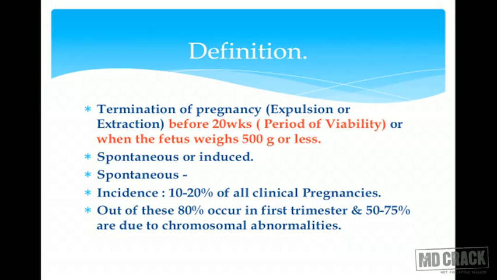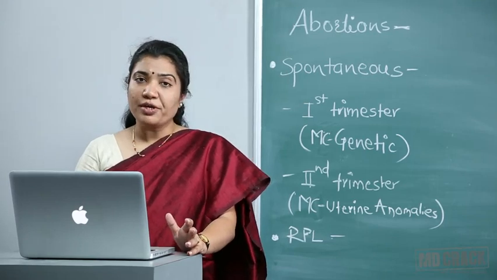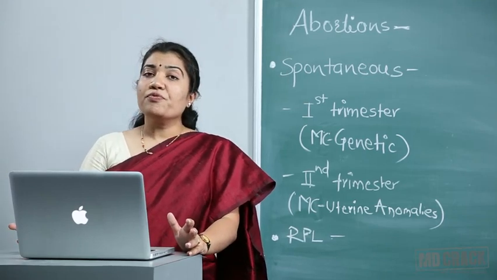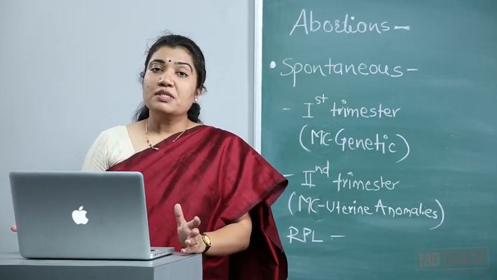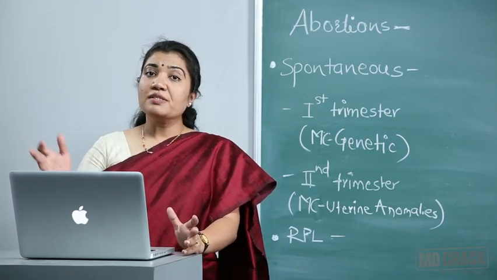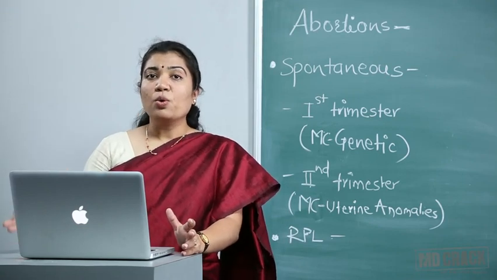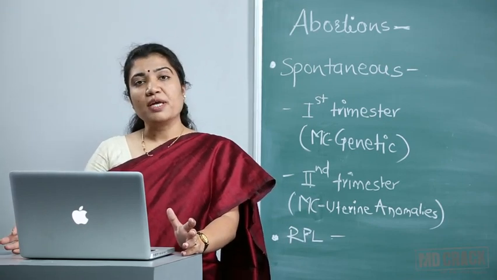By definition, abortion means termination of pregnancy, maybe expulsion or extraction, before the period of viability or when the fetus is less than 500 grams. This definition has changed over time as the period of viability has changed, because initially it was considered 28 weeks, when the fetus becomes independently viable once it comes outside the uterine cavity.